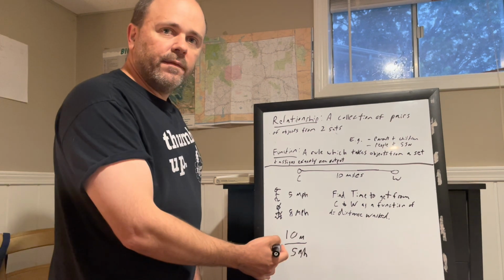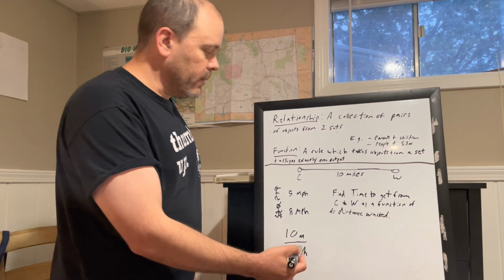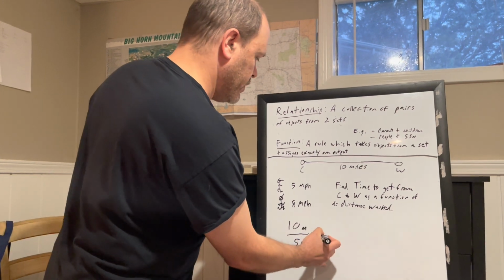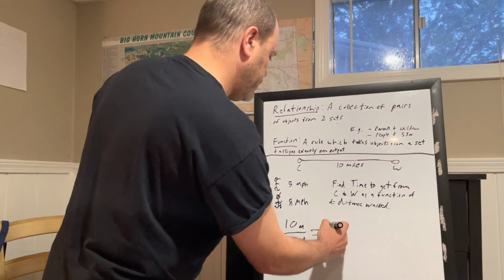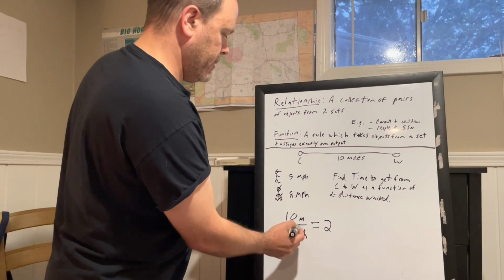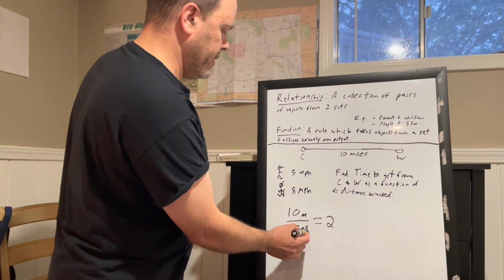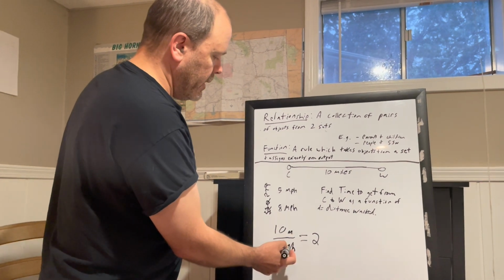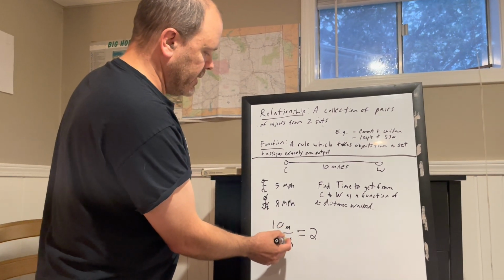So that's basically just division is what we did there. And so dividing these numbers gives you 2, but the units of miles and miles per hour should be taken into account too.